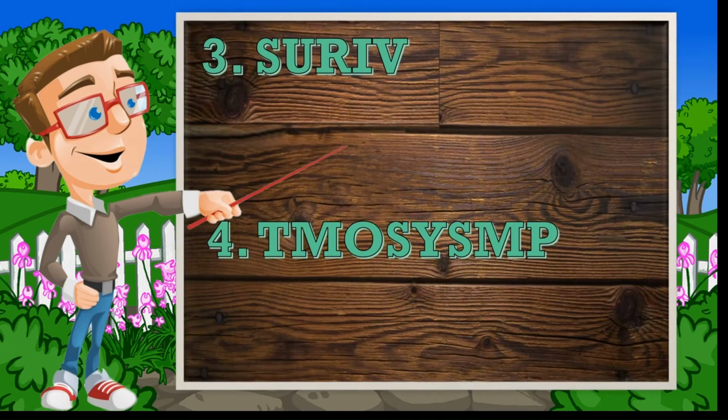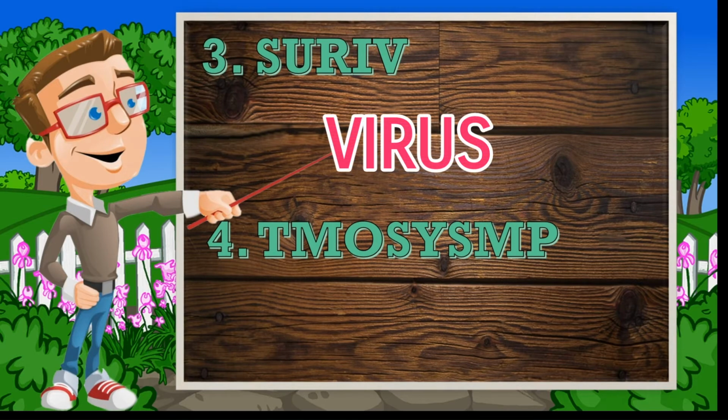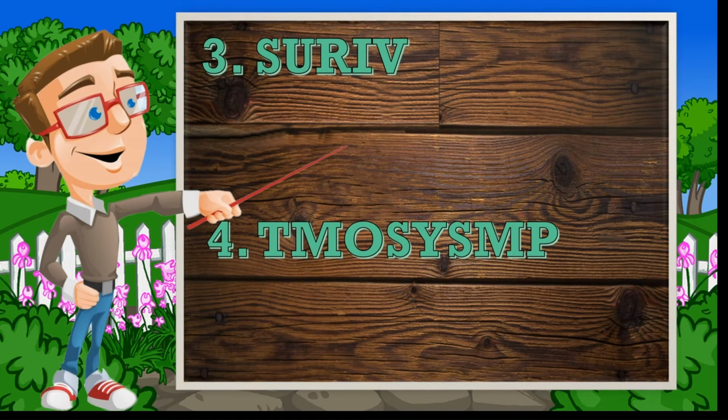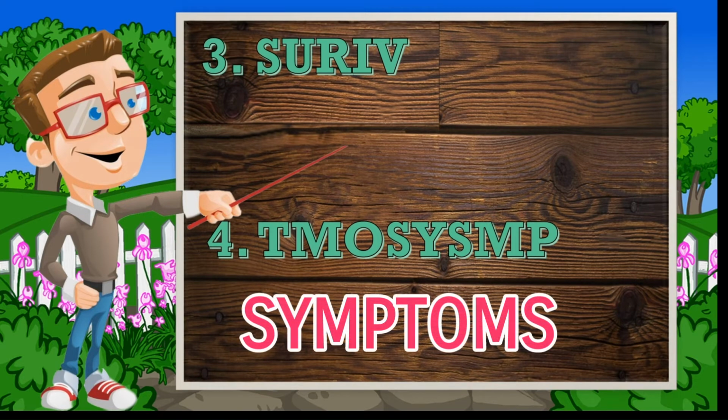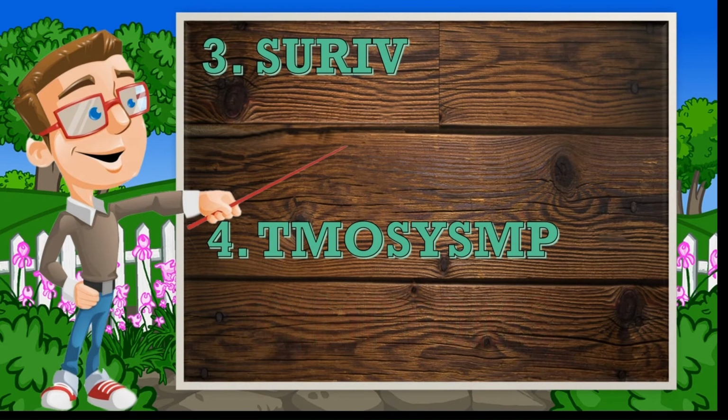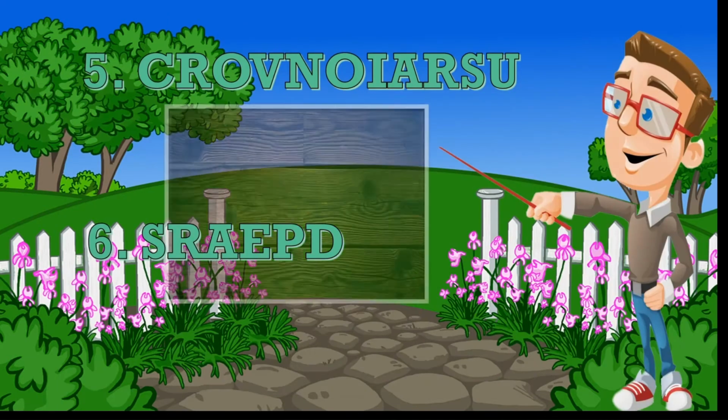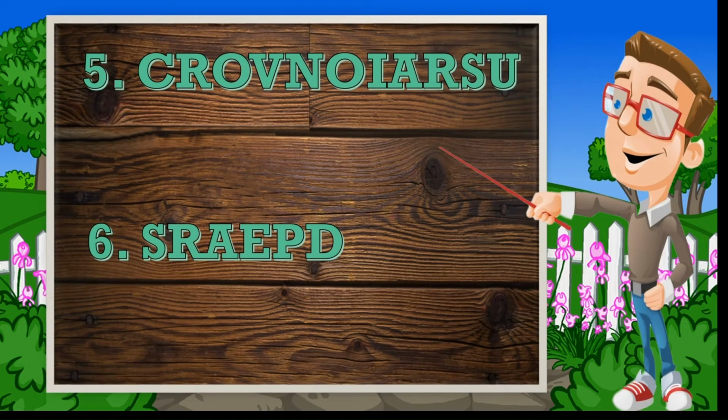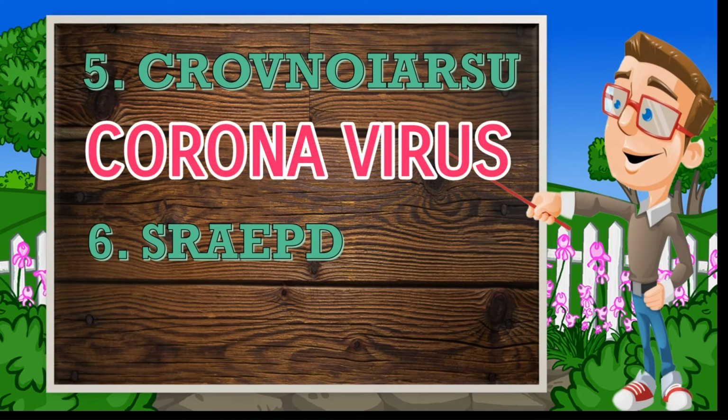How about number 3? That's correct! It's virus. Let us try number 4. Exactly! Symptoms. Let's move on to number 5. You got it right. It's coronavirus.